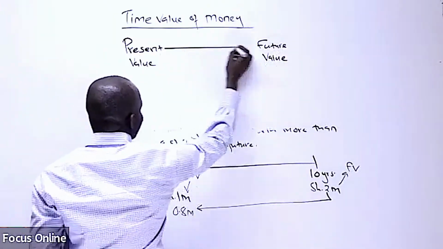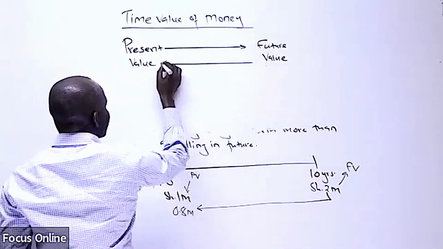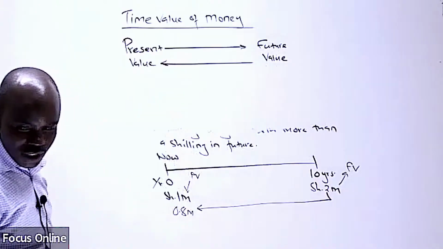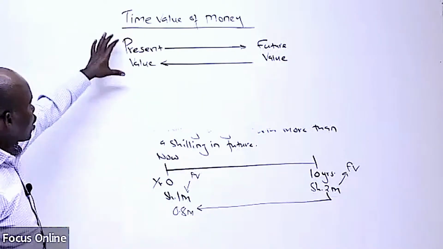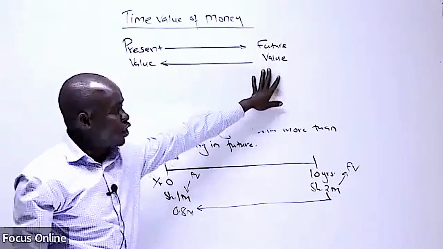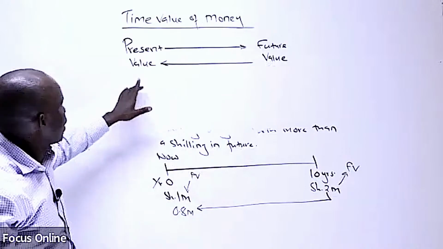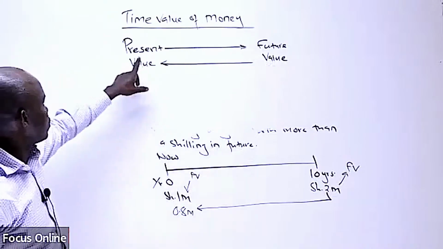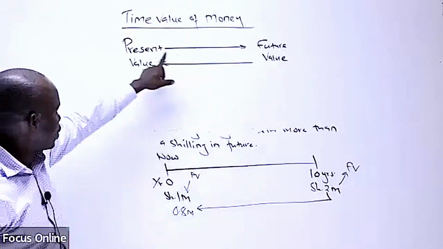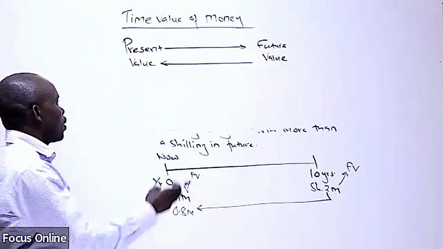So present value, we have that direction, and we have this direction. This is to say, you can work from present value terms to future value, or you can work from future value to present value. When we are doing present value to future value, we call it compounding.